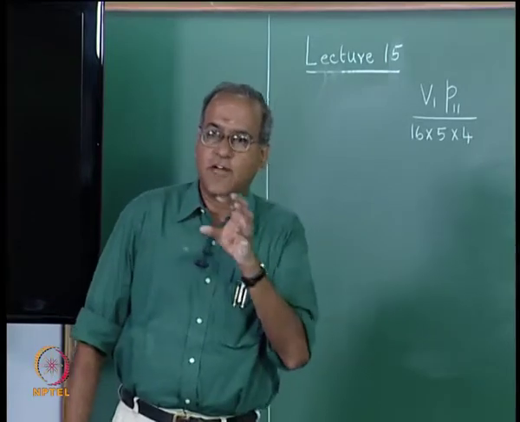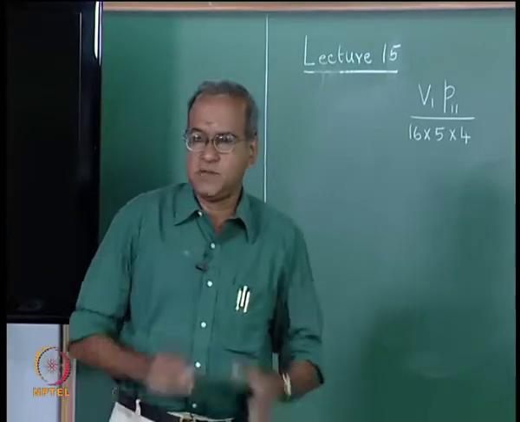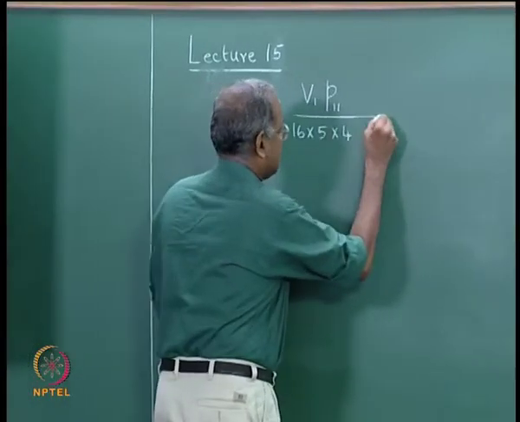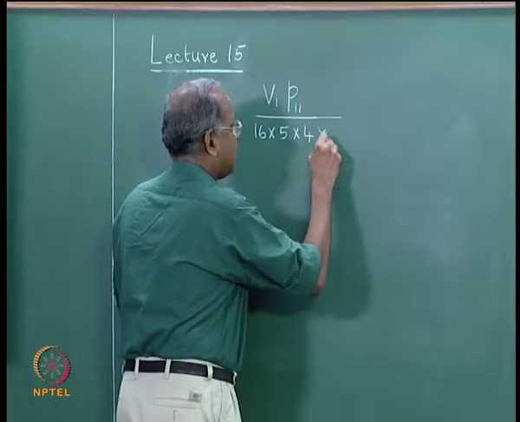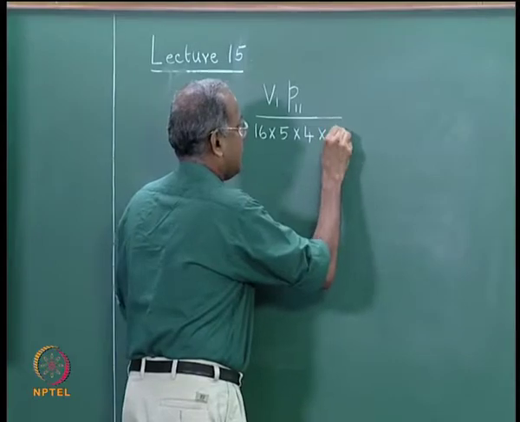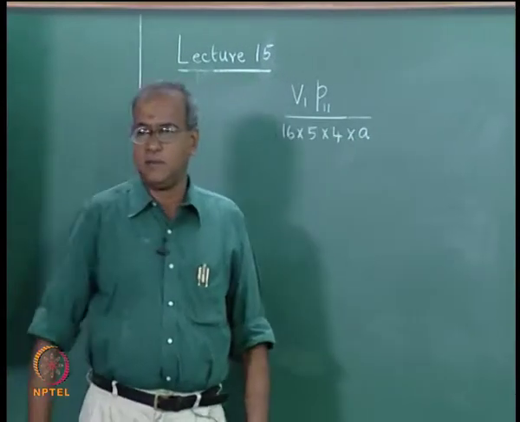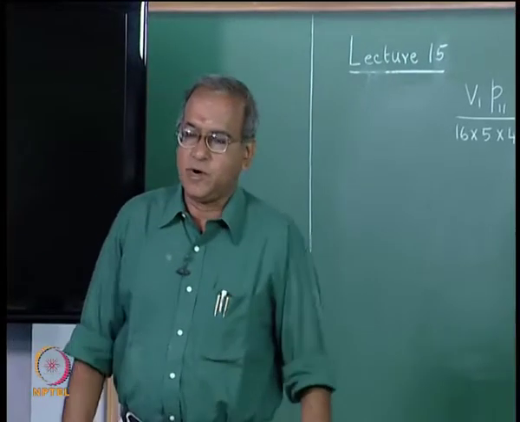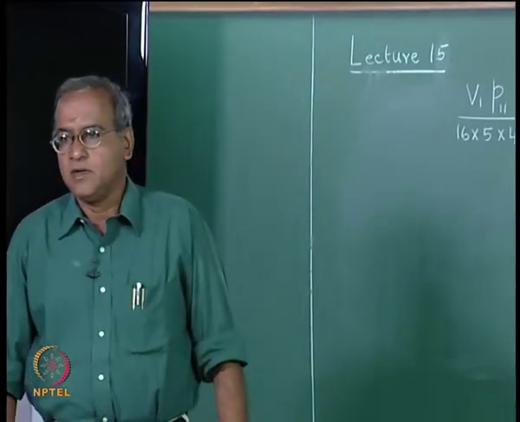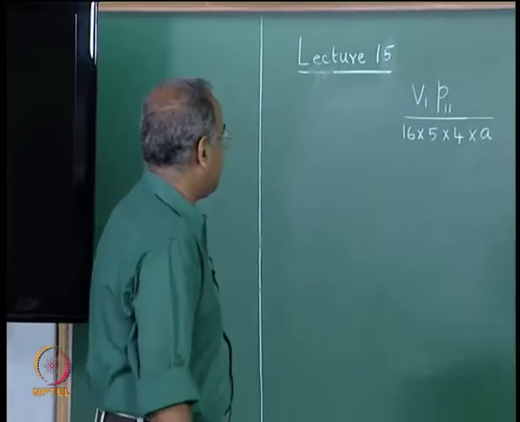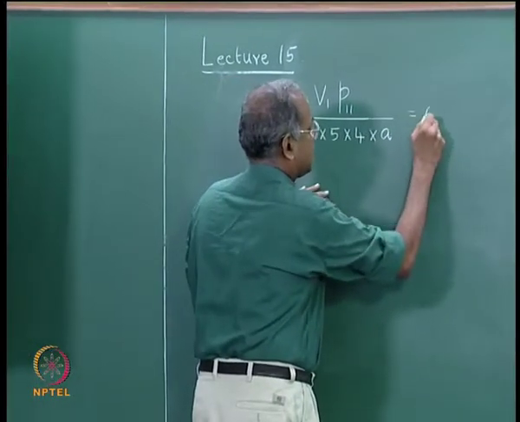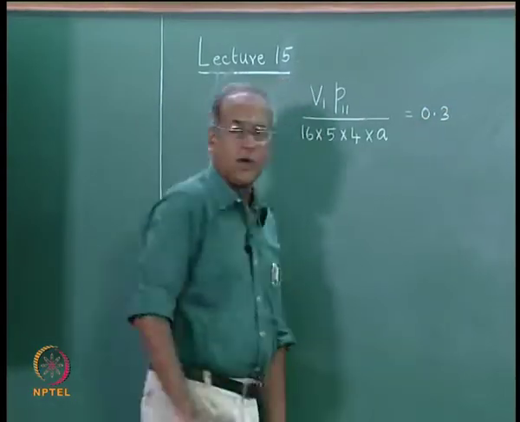We also have to factor in availability, which we have seen in a previous lecture. So, we multiply by some factor A, which represents availability. It could be 0.8, it could be 0.7, it could be anything. Factoring availability into it, all this is now represented as some 0.3.